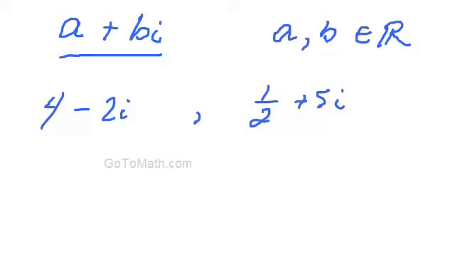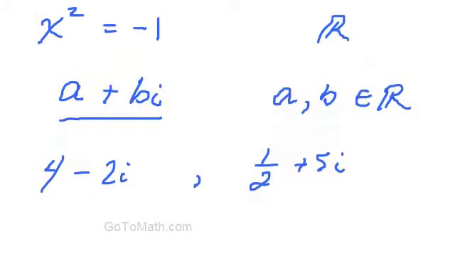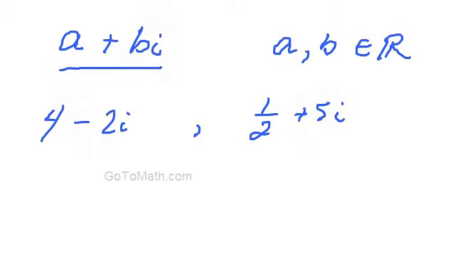So these are all complex numbers, and you're probably asking, where do we get the number to plug in so that we get negative 1? We're going to head off in that direction in just a second.